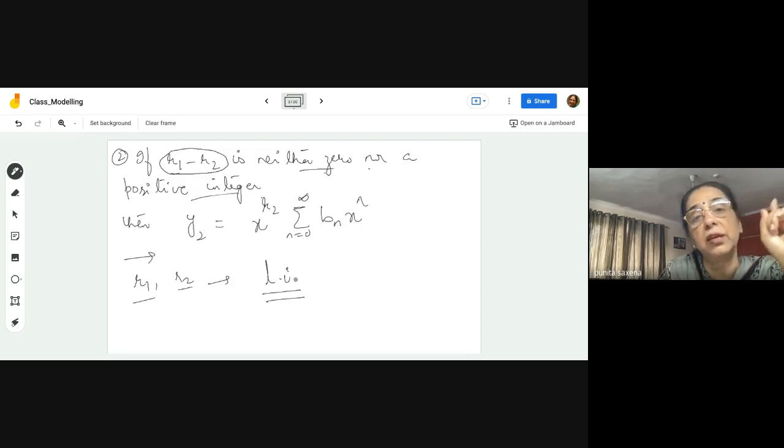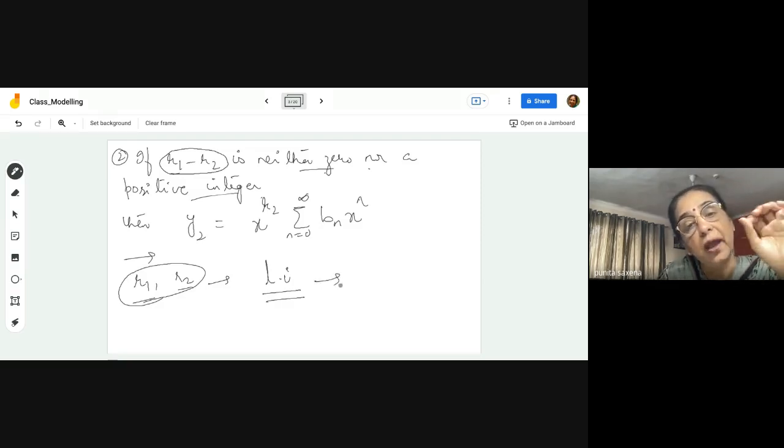This is very, very important, and I don't know how your practical exams are going to be conducted, but this is a very common viva question. If R1 and R2 are the two roots of the indicial equation, then this does not guarantee that the differential equation is going to have two linearly independent Frobenius series solutions also.